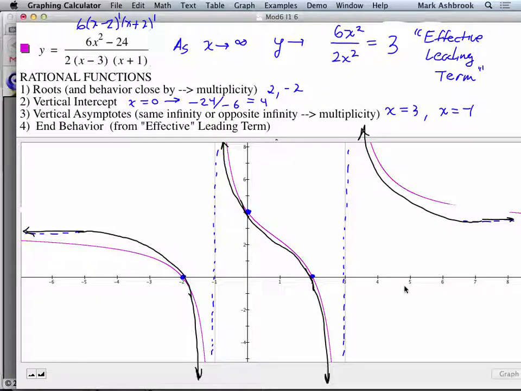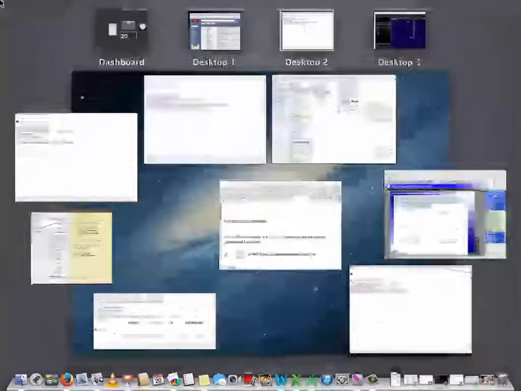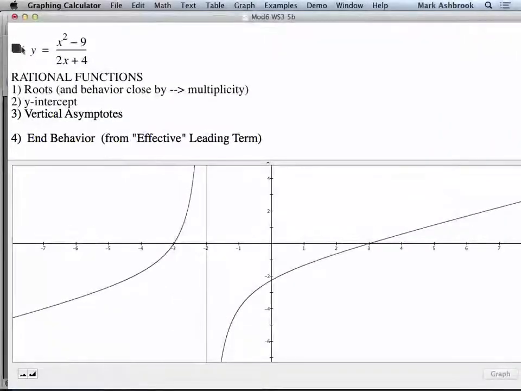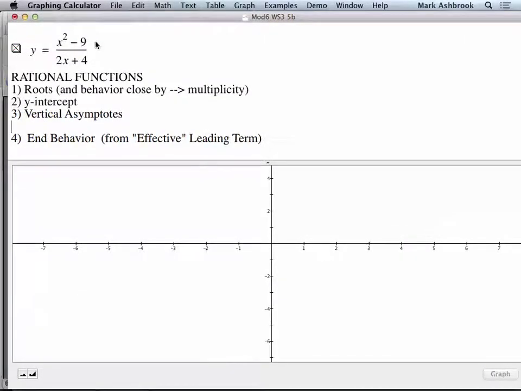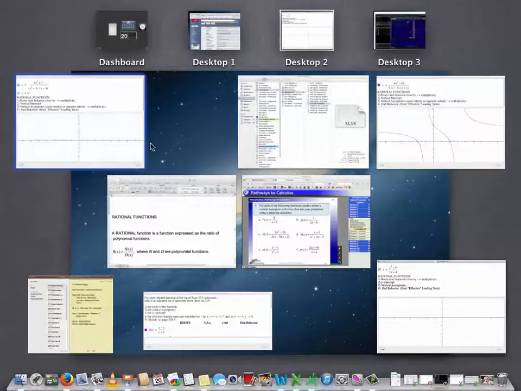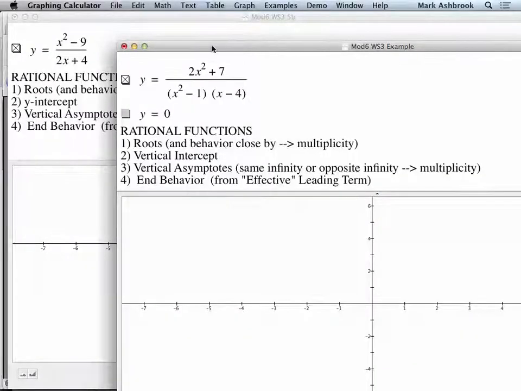All right, other questions? Okay, so here's practice for you guys. Ready? No graphing calculator. Let's do this one instead.